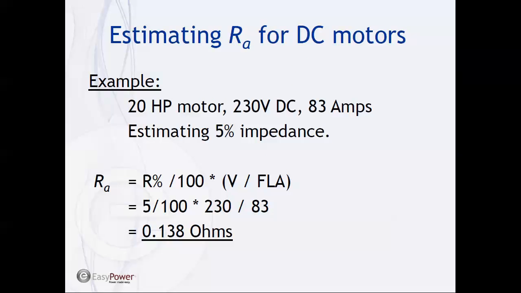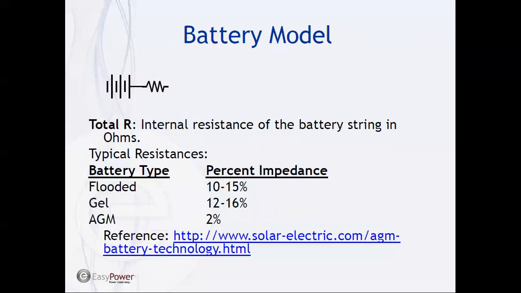So with 5% impedance, we use this equation. So 5 divided by 100 is the 5%, multiplied by the rated voltage, 230 volts, divided by the full load amps of the motor, and we get the ohms for the armature resistance. So this is what you need to enter for the DC motor that you're modeling.